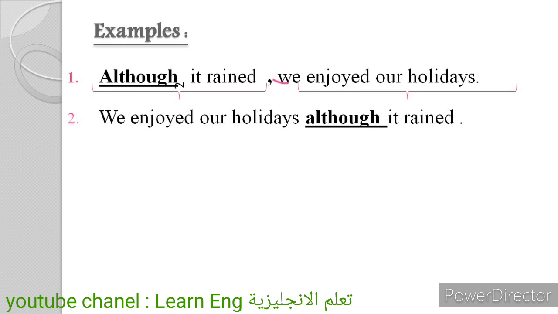However, when we use the connector at the middle of the sentence, we don't have to use the comma. When we use this connector at the beginning of the sentence we use a comma, but when we use the connector in the middle of the sentence we don't need to use the comma between the clauses.